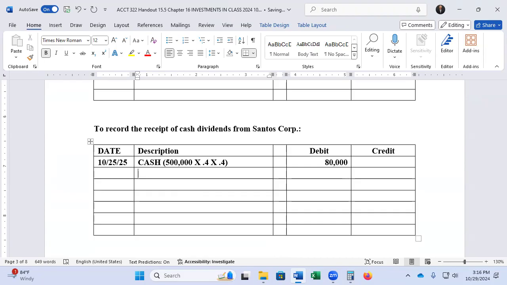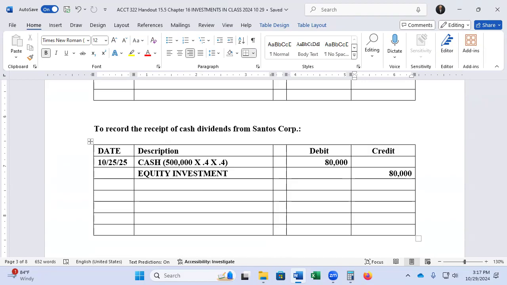Now for equity investments, this reduces our basis. Sometimes this is a difficult one to remember, but you have to reduce the basis because it's like a return of capital, a return of your ownership stake. And so you credit equity investment, which reduces the amount you have invested in that equity investment on the books anyways.